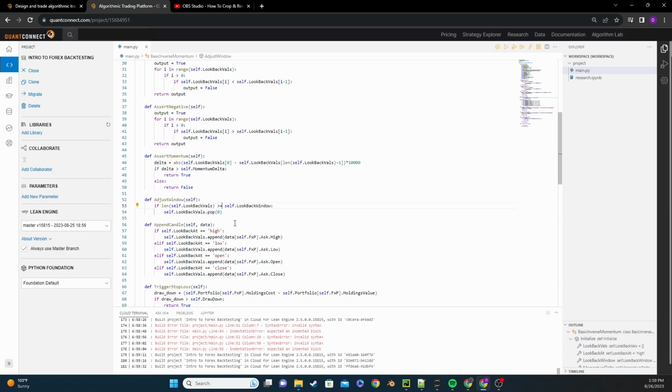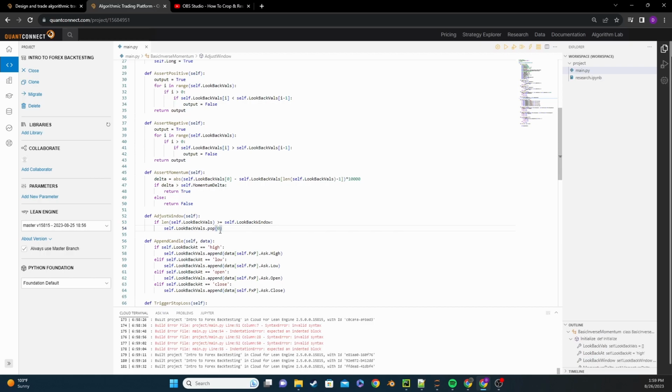Actually, we'll just do greater than. Oh, we'll keep it greater than or equal to. It doesn't really matter. If the length of look back values is greater than the window that you're supposed to have, we're going to pop 0. 0 is basically the first thing that's been entered, so the thing that's like 11 minutes old. Popping it just deletes it. We're going to get rid of it.